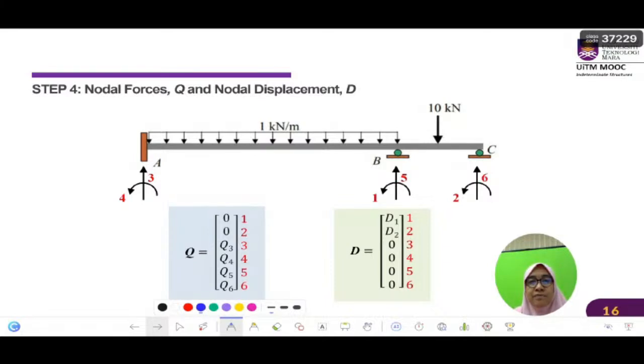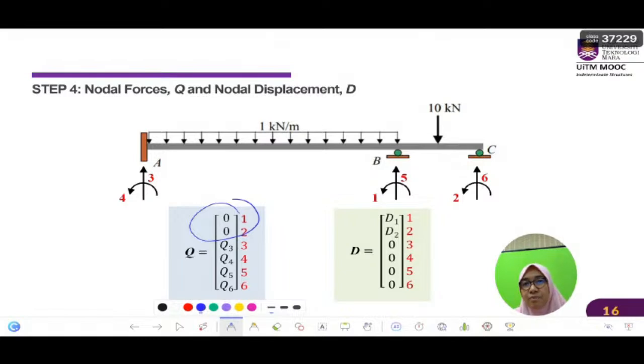For position number 1 and number 2, which represent moment, there is no applied moment at B and no applied moment at C. That is why the value is 0, because 1 and 2 represent Z rotation, and Z for Q represents moment. If we look at the diagram, there is no moment found, so the value is 0.